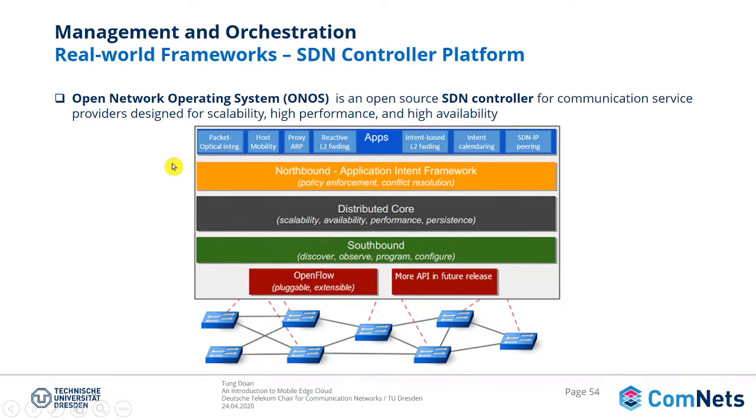As I mentioned earlier in this lecture, ONOS relies on the reference architecture of SDN. On top, this is the application layer. And we can see this control layer. And at the bottom, we can see the network devices such as routers and switches.